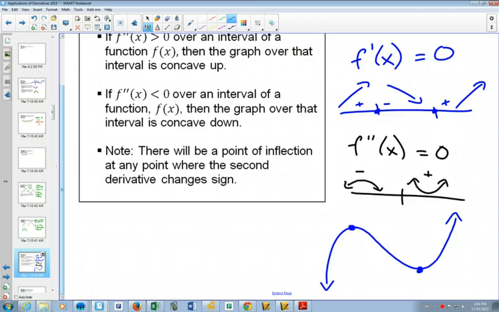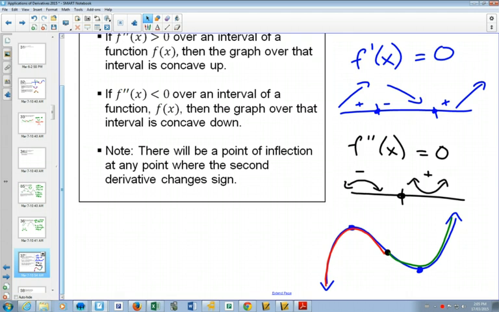When we take our second derivative and find out where it's equal to 0, it'll be this point right in between. And you can see the change from this part being concave down to this part being concave up. And that's what that inflection point will find for us.